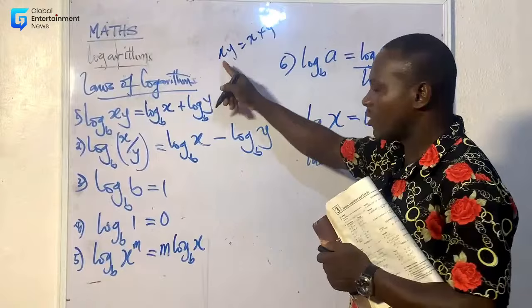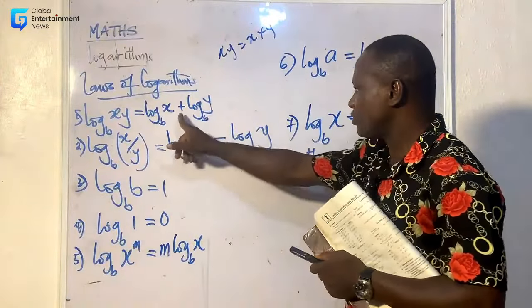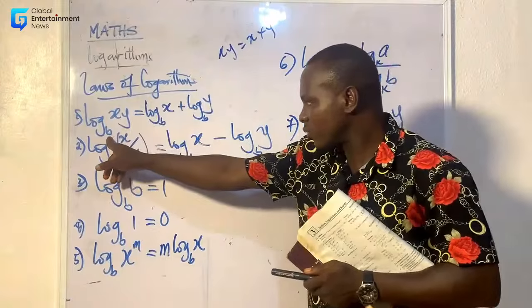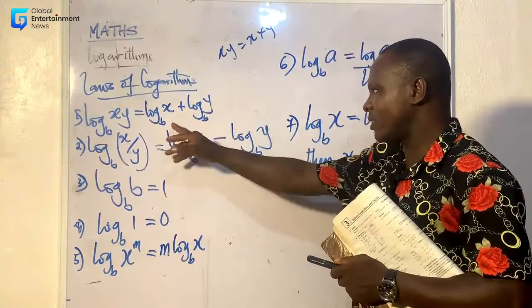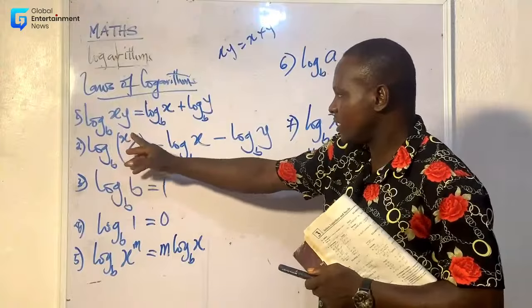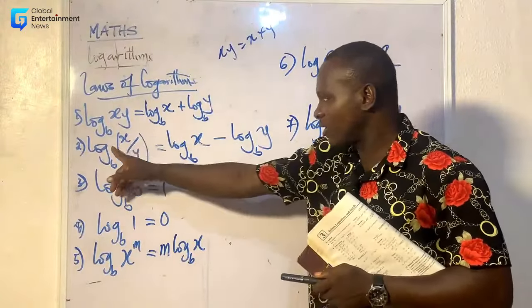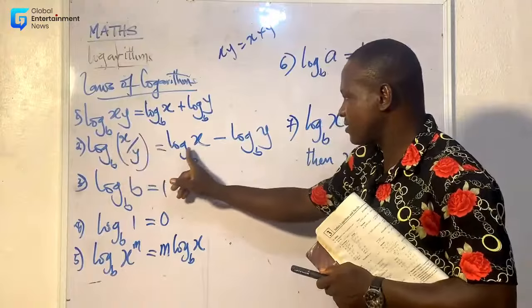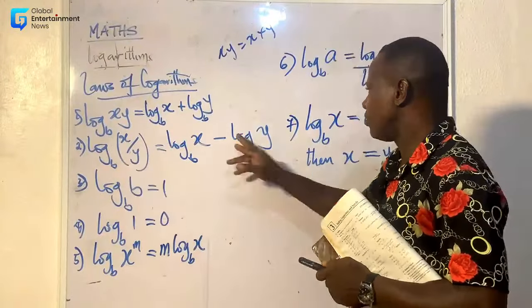Because it's times, you turn it to plus, because they both have the same base. It's going to be log x plus log y base b. And the second one, if it is division, you turn it to minus. You pick the log one by one: log x base b minus, because it's division, log y base b.